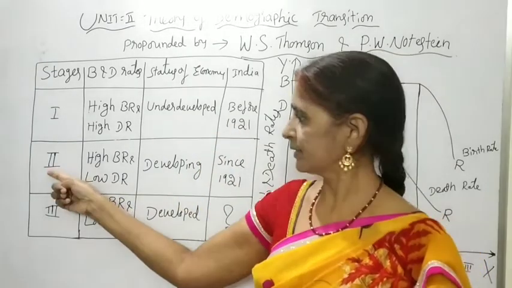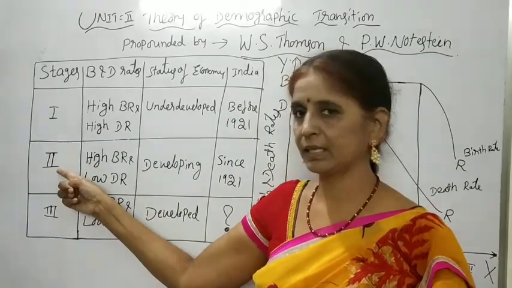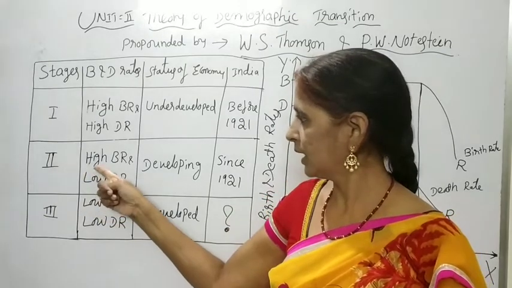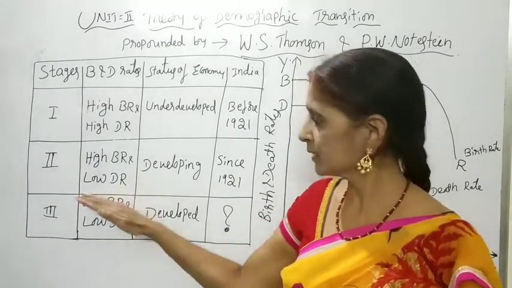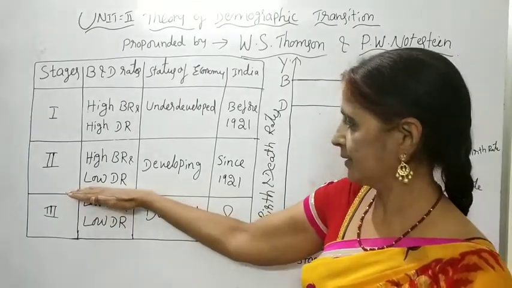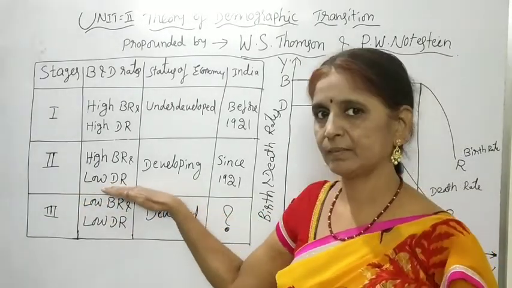Next, in the second stage of the theory of demographic transition, we can find high birth rates and low death rates. Okay, so here, what are the reasons for the low death rates?